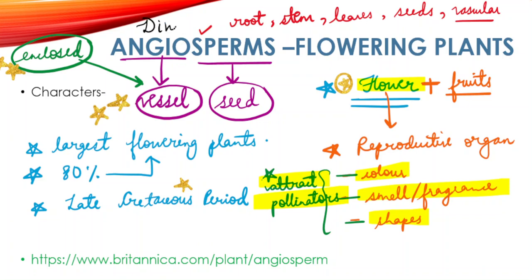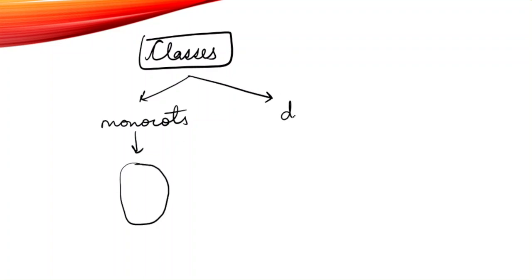And angiosperms have two classes known as monocots, which have a single cotyledon, just a single cotyledon. And there are dicots, which have two cotyledons in the seed.